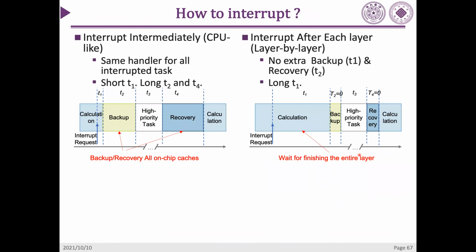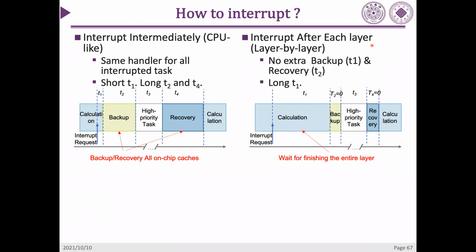There are two ways to do the interrupt. One way is to interrupt immediately, just like a CPU. That means you stop the calculation as soon as possible, but you need to back up a lot of intermediate data, so the backup and recovery time will be very long. The other choice is to interrupt after each layer, because neural nets are calculated layer by layer.